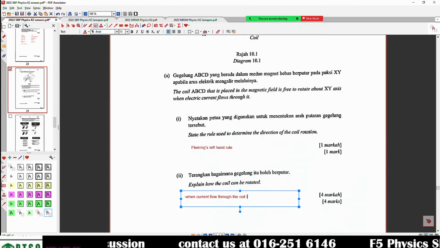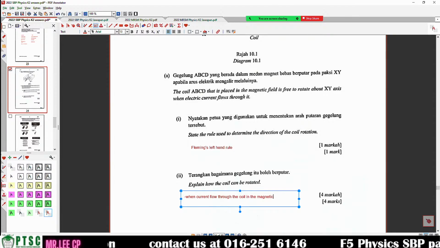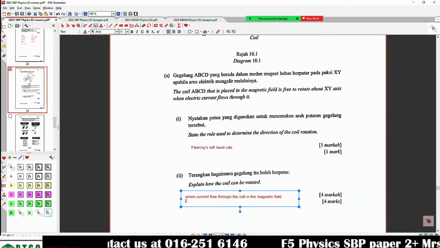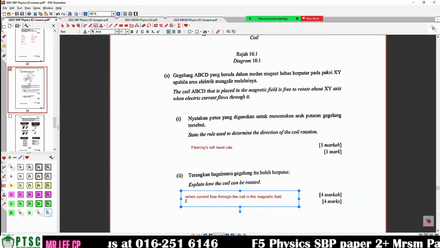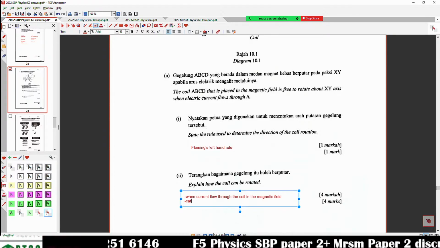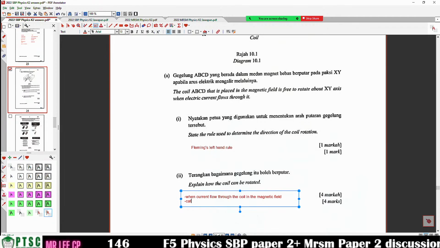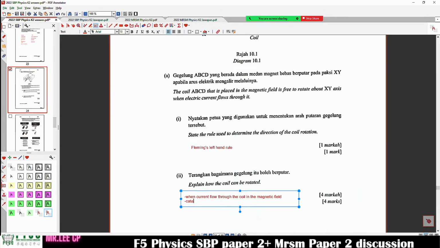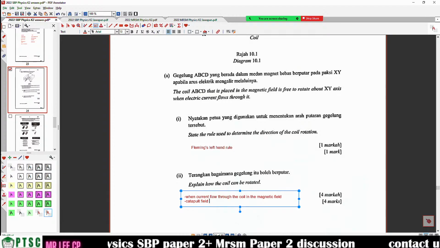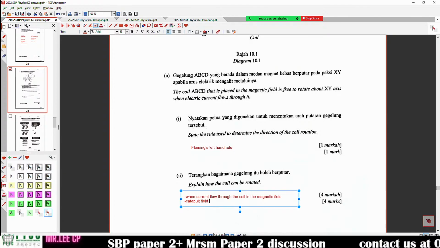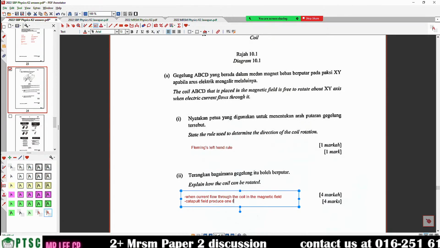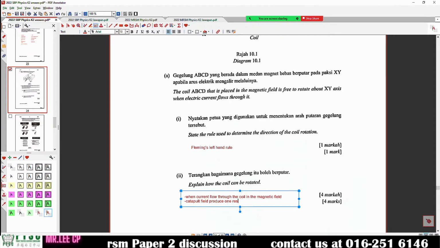Because I'm afraid of not enough marks, so I write catapult field. The catapult field here will produce one resultant force.